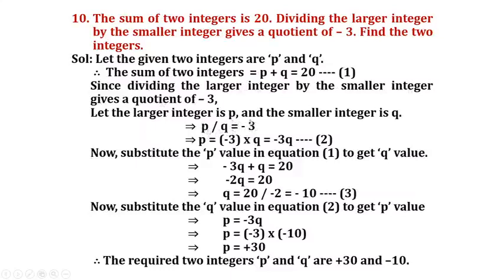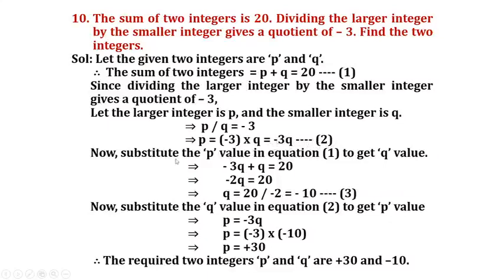P by q is equal to minus 3 means if you cross multiply, you will get p is equal to minus 3 into q, which is minus 3q. So now you know the p value in the form of q.